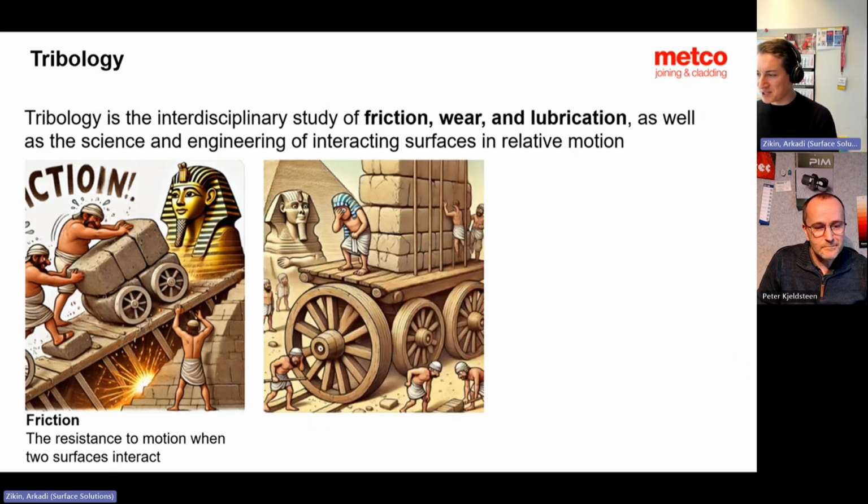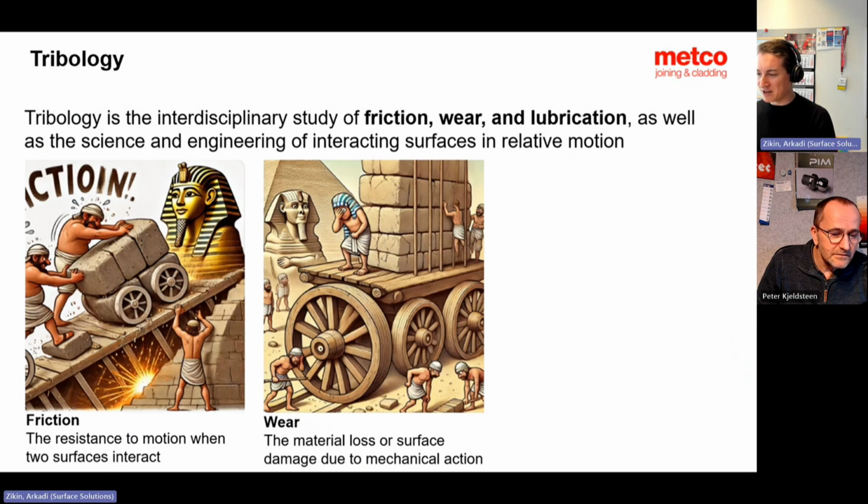So, what do you see on this one? It looks a bit strange with these wheels going the wrong way. Static friction?